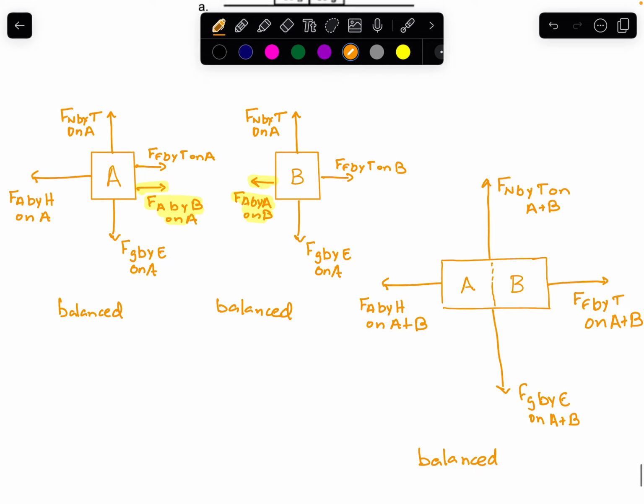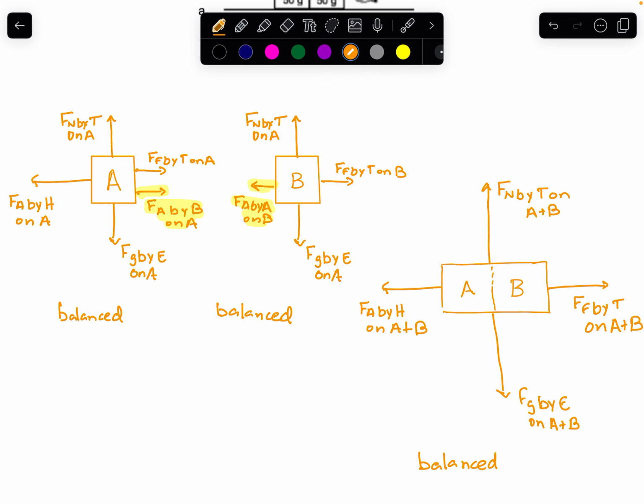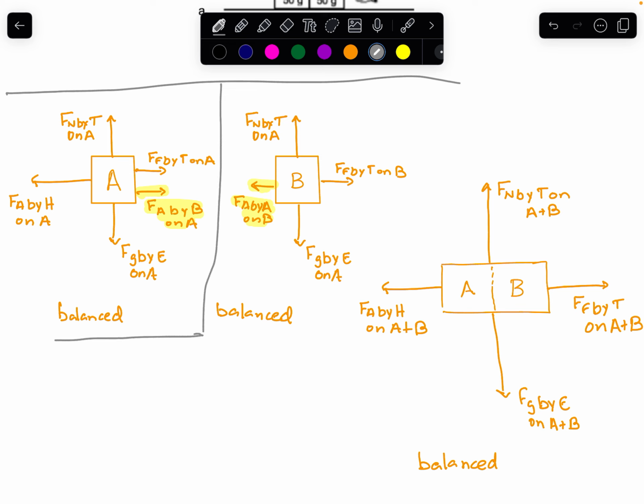And when you look at this picture in whole, you notice that you have three separate force diagrams. And the forces in each situation are balanced.